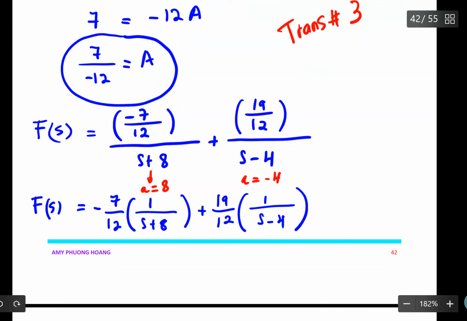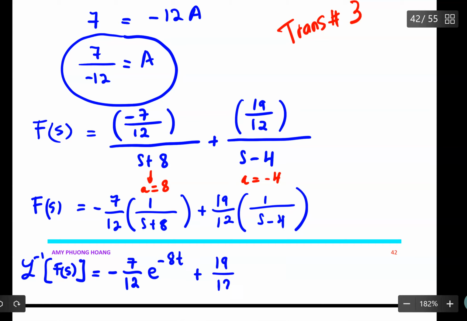Okay, now I'm ready to take the Laplace inverse of this F of s. So the Laplace inverse of this F of s will be equal to minus 7 over 12 multiplied by e to the exponent negative 8t, plus 19 over 12 multiplied by e to the exponent negative of negative 4, so I should have positive 4t.